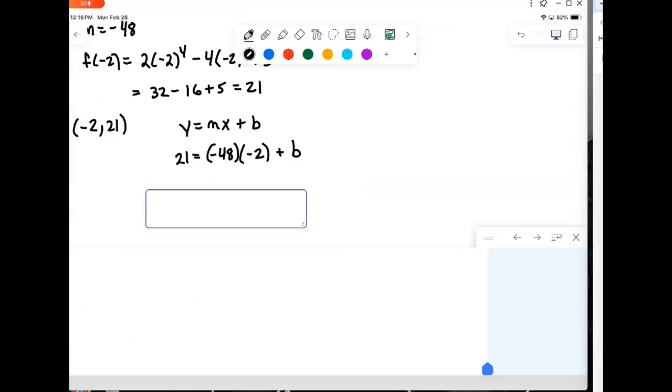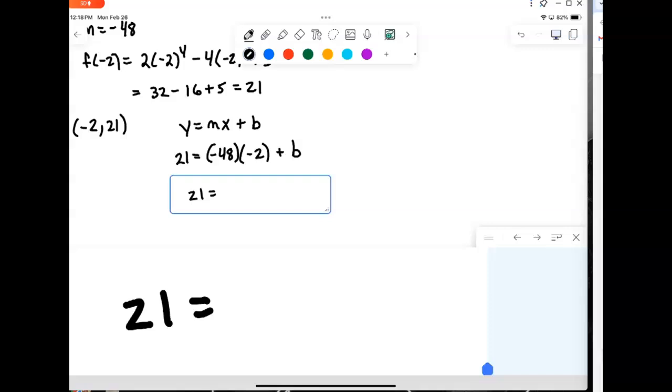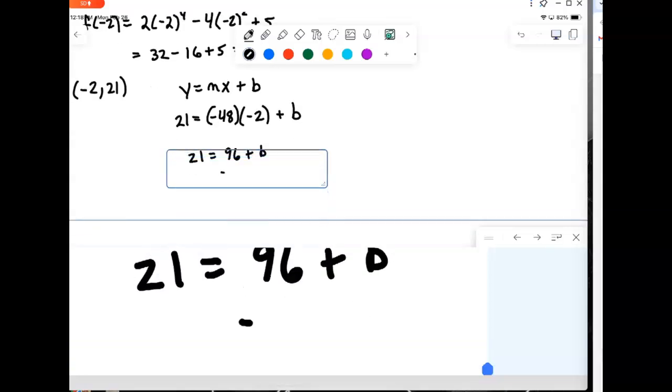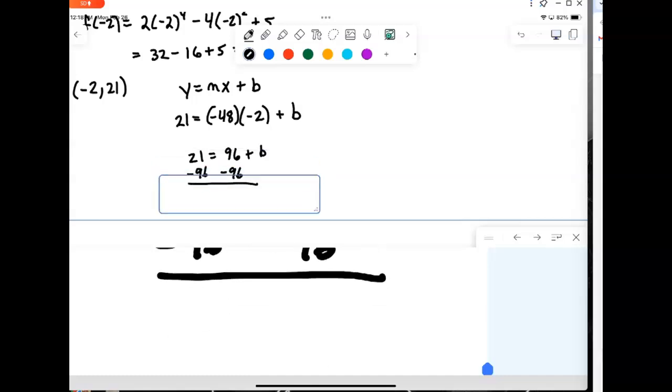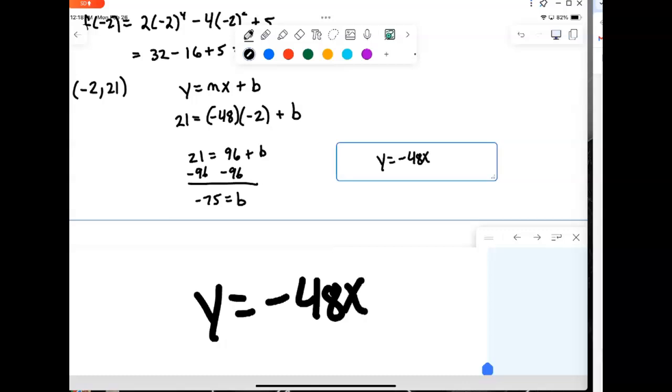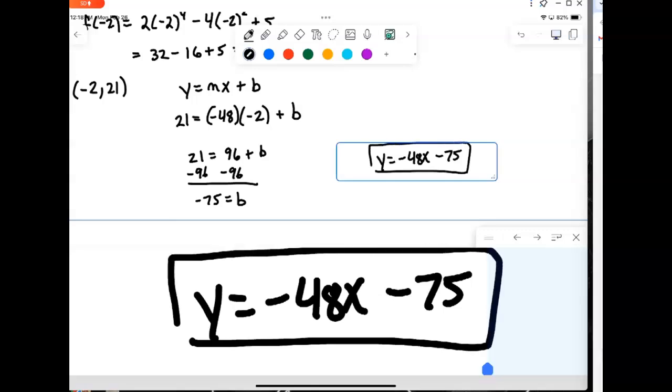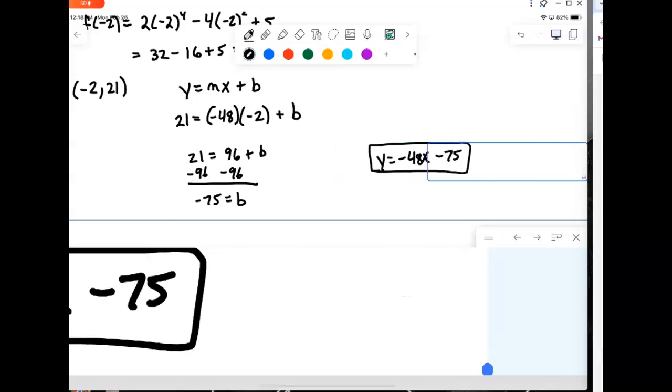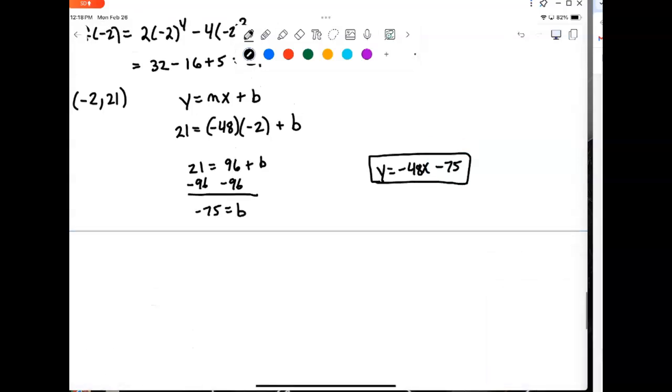And then we just simplify. 21 equals 96 plus b. And we solve for b, subtracting 96 from both sides until we get b equals negative 75. So the equation of the tangent line is y equals negative 48x minus 75.